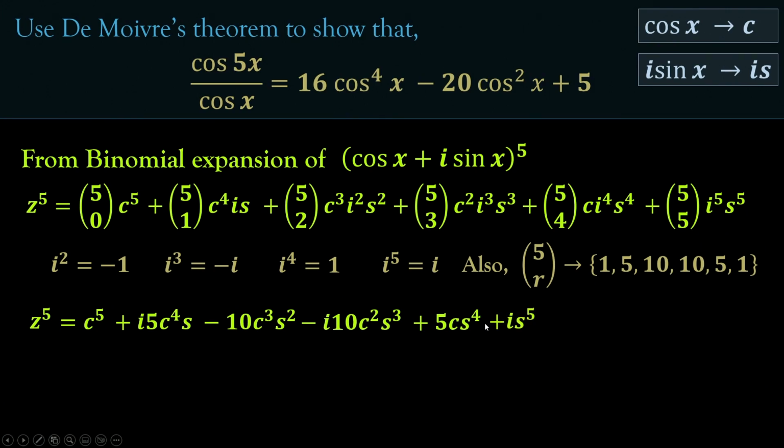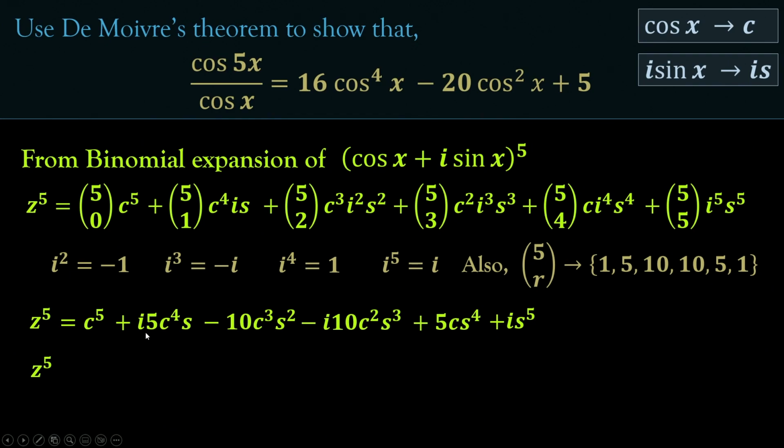Now what I need to do is to collect the real terms. The terms that don't contain i in them are called the real values, the real part of the complex number z to the power 5. So I will collect the real parts together and then the imaginary parts together. Just like we have here, cosine is the real and the term containing i is the imaginary term. So z to the power 5, and I have this c to the power 5 here, a term that does not contain i.